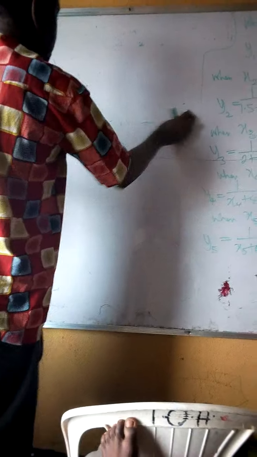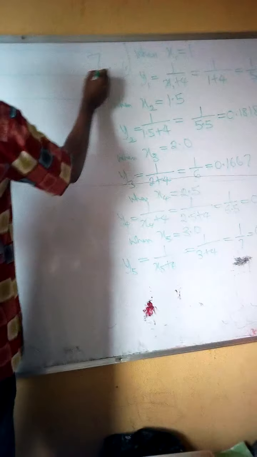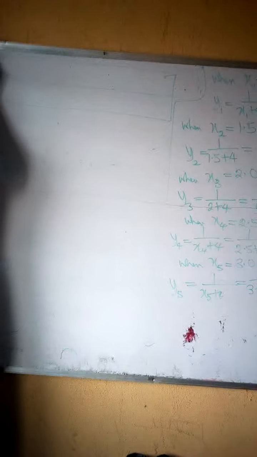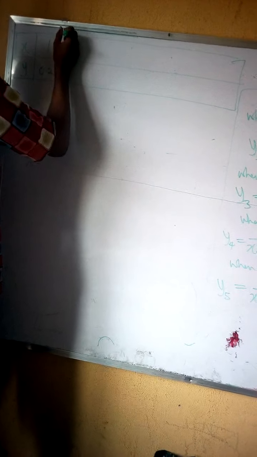So let's create a table of these values. The table of values will be something like this. x, y. When x is 1, y is 0.2.